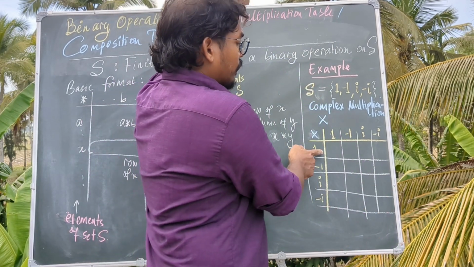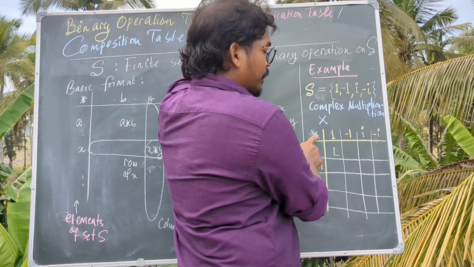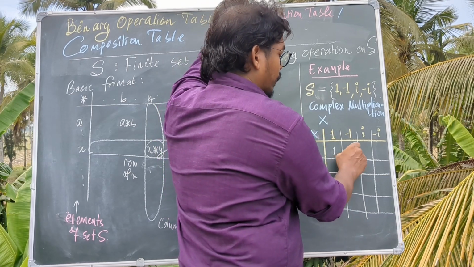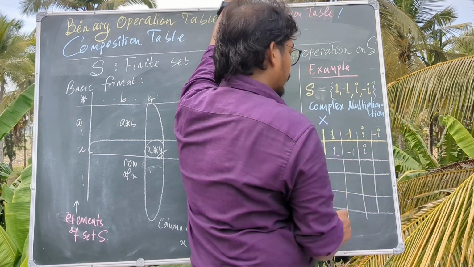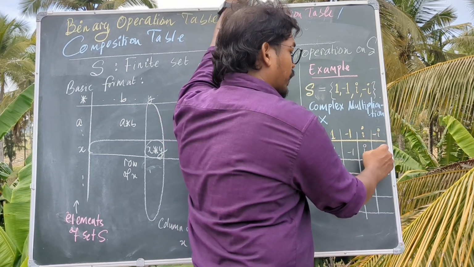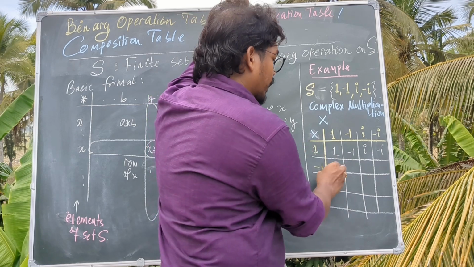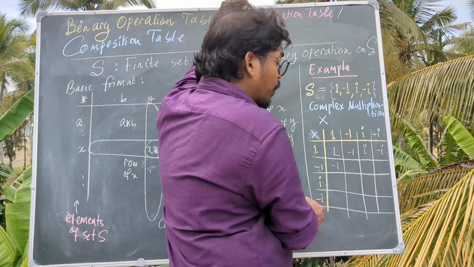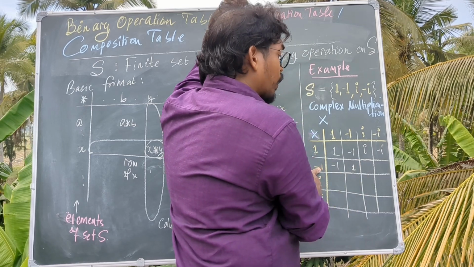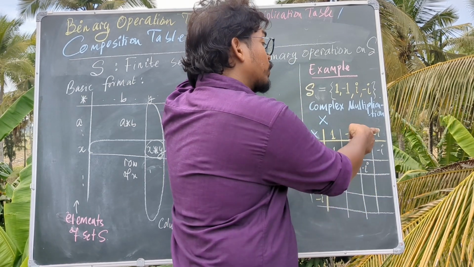So here we will have 1 times 1, 1 with minus 1, 1 with i, 1 with minus i we will have minus i. Minus 1 with 1, minus 1 times minus 1, minus 1 with i, minus i, minus 1 with minus i.